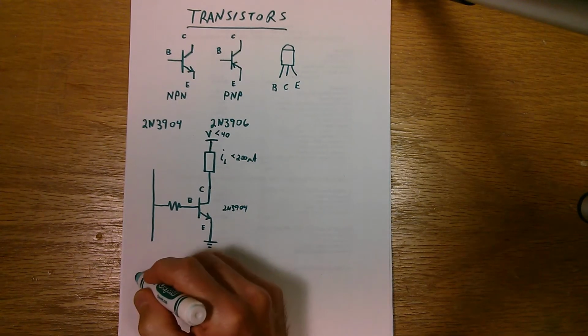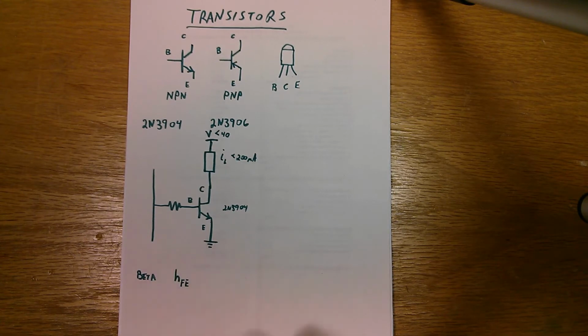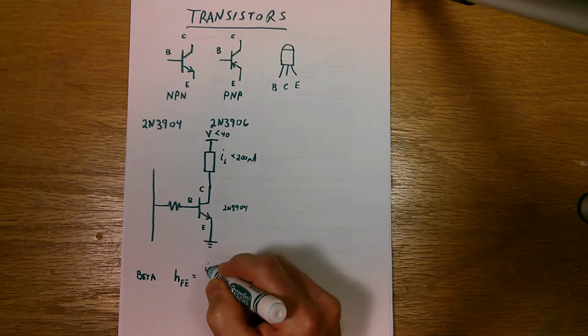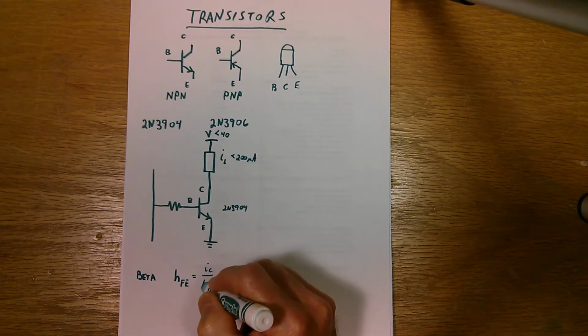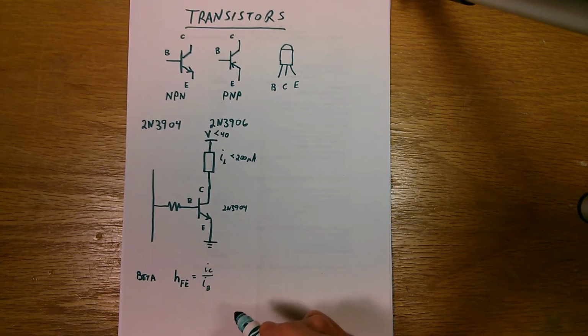It's also sometimes called beta, although beta I think is a term that's going by the wayside. hFE is the correct parameter, and it relates to what's called the current gain of the transistor. And it's simply the ratio of the collector current over the base current required to get that collector current.